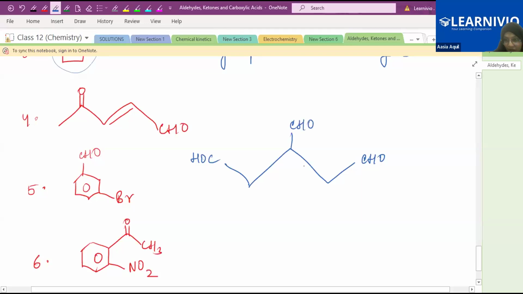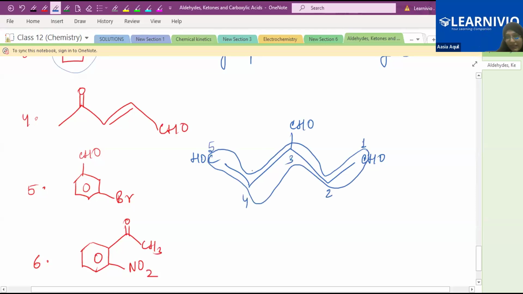These three carbons you can't take in a single chain. You have to take a straight chain as a parent chain. So suppose this carbon is the first carbon, second, third, fourth, and this is the fifth carbon.